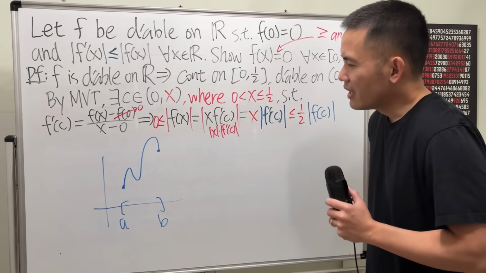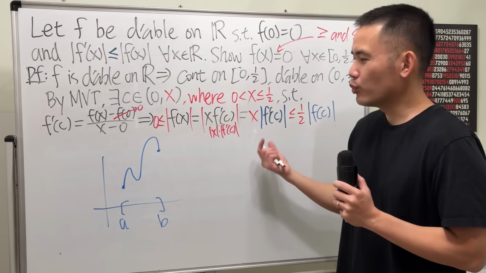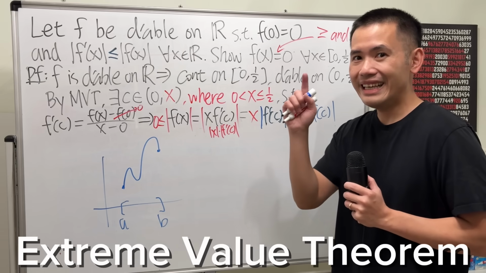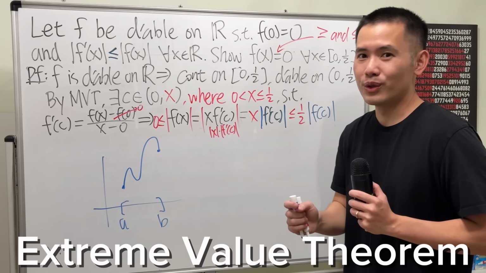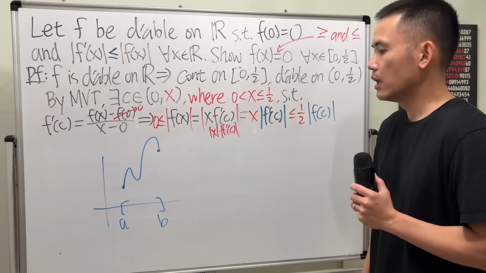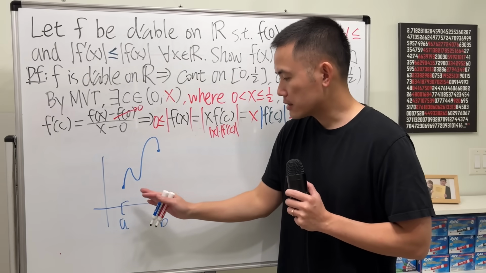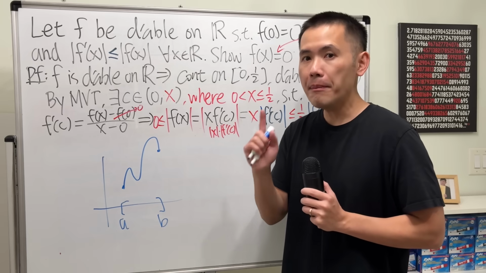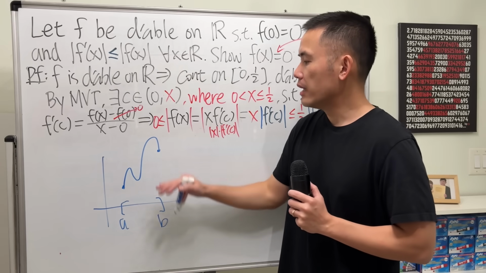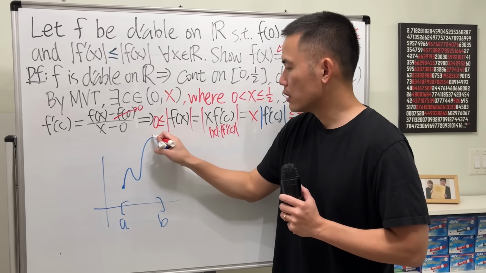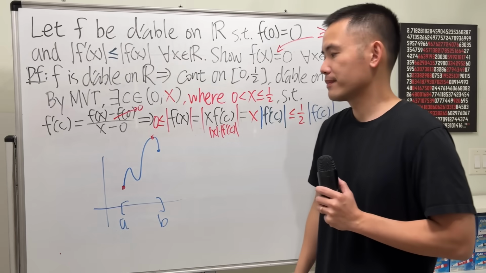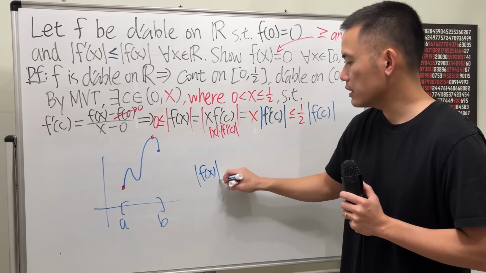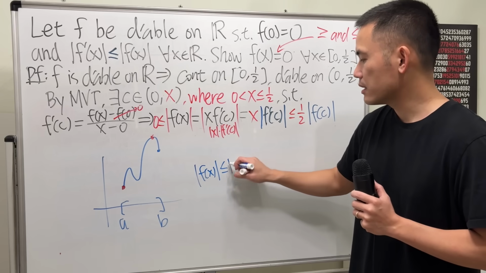But that doesn't really help because we're trying to work with inequalities. Instead, we can use the extreme value theorem because we have a function that's continuous on a closed and bounded interval. That means we are going to get an absolute max and also an absolute min. So we can say the function, if you take the absolute value of it, is going to be bounded by some number.